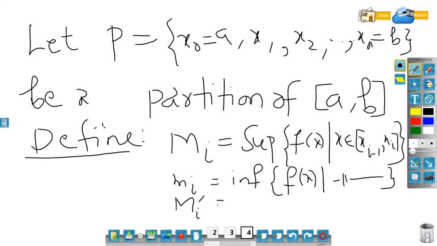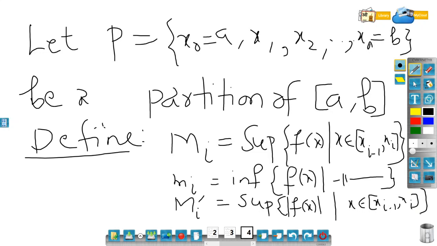Capital Mi dash is equal to the supremum of the modulus of f(x) such that x belongs to [xi minus 1, xi], and small mi dash is the infimum of mod f(x) such that x belongs to [xi minus 1, xi]. Right.